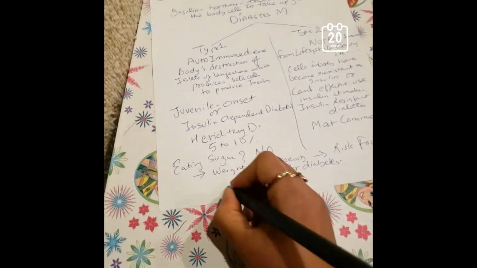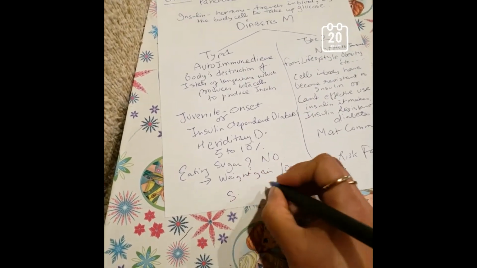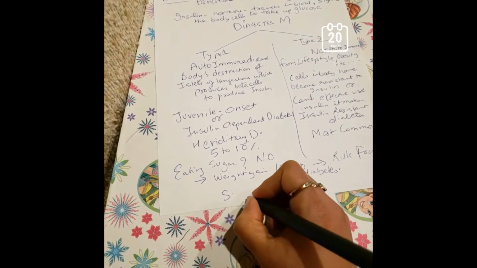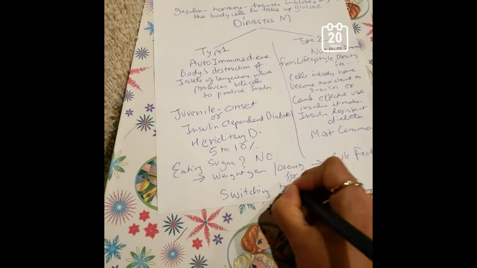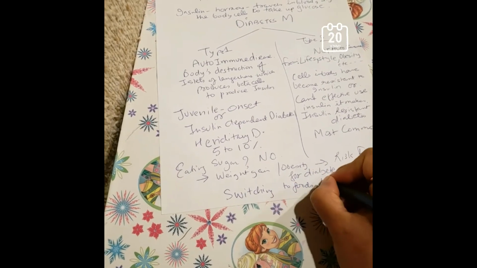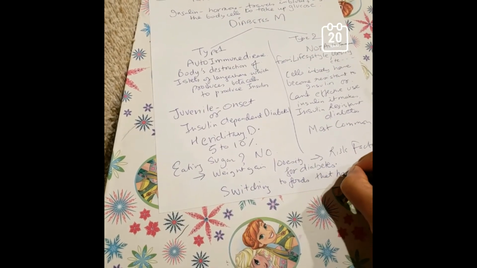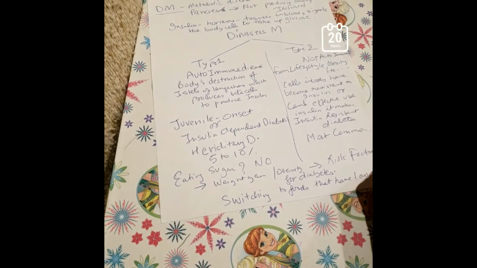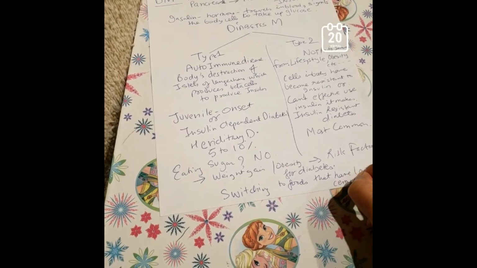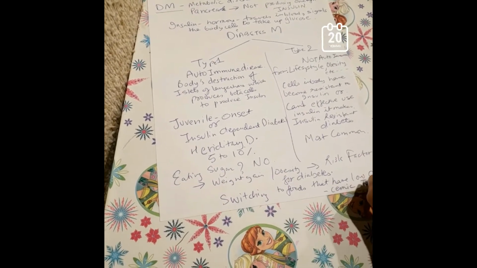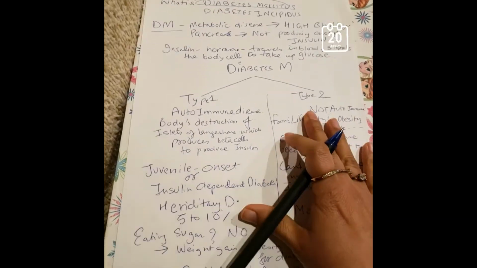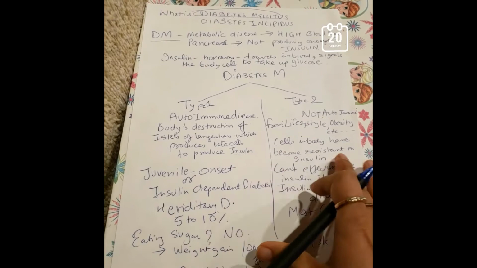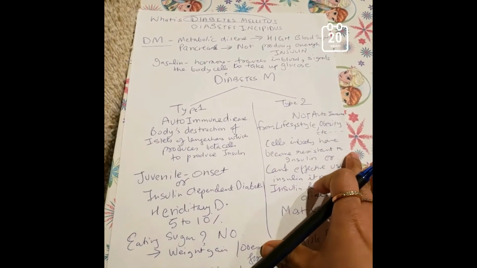So the solution is switching to foods that have a low glycemic index. Now that was all about diabetes mellitus, type 1 and type 2.